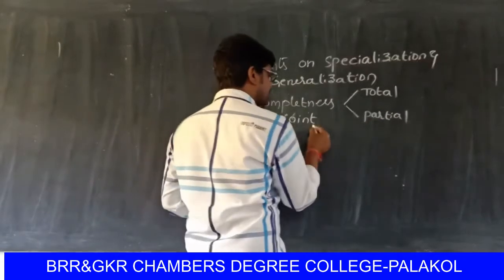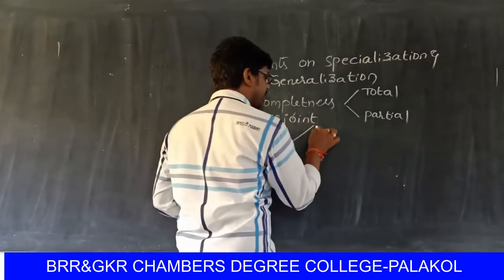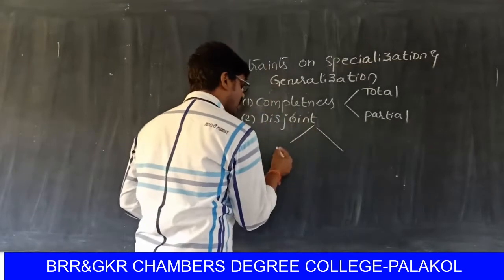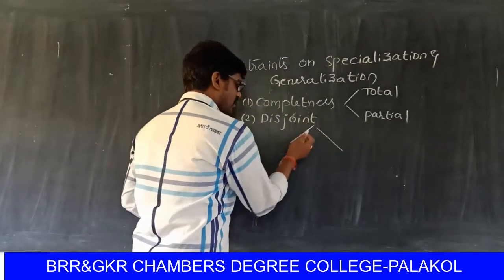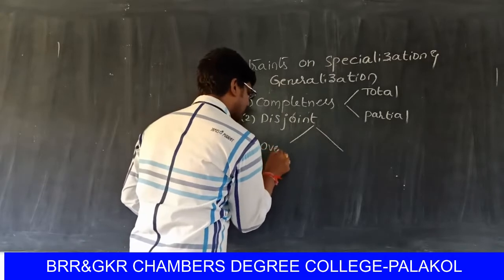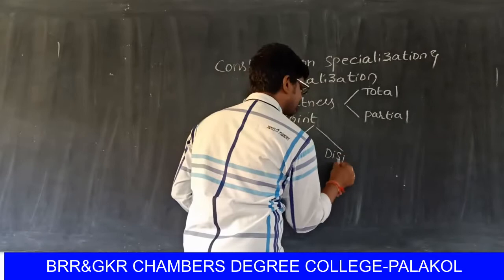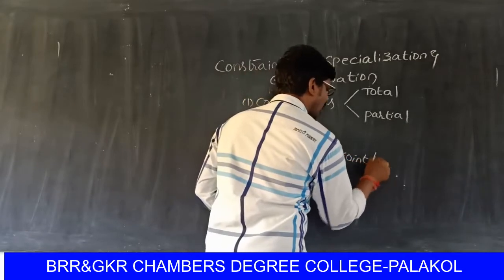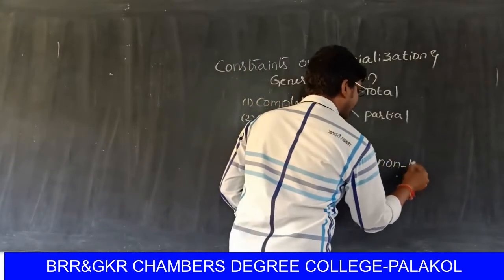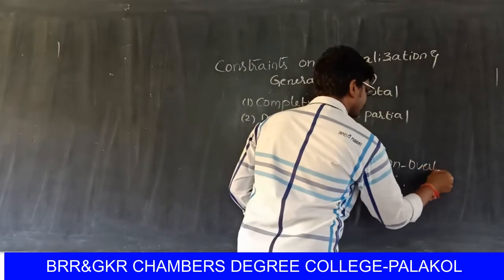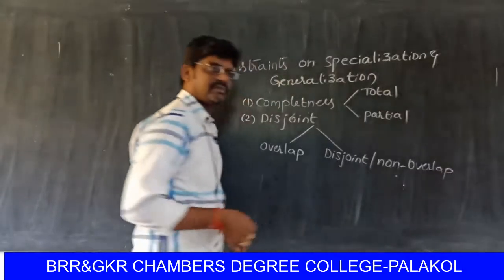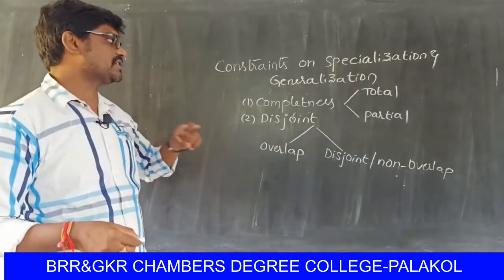And disjoint constraints can be classified into two types: one is the overlap constraint, and the next one is the disjoint or non-overlap constraint.